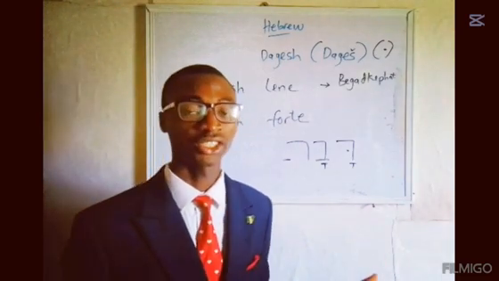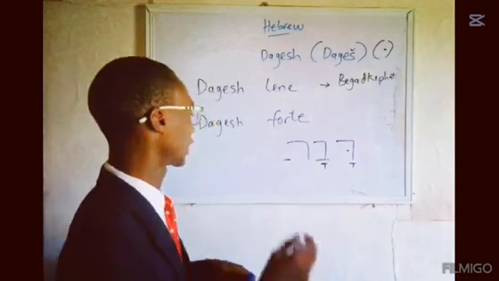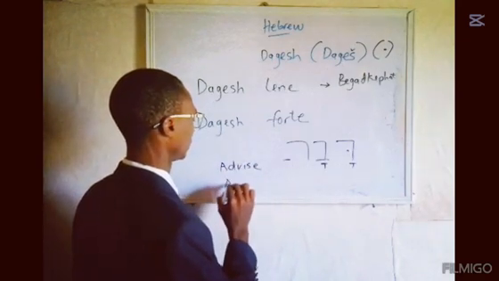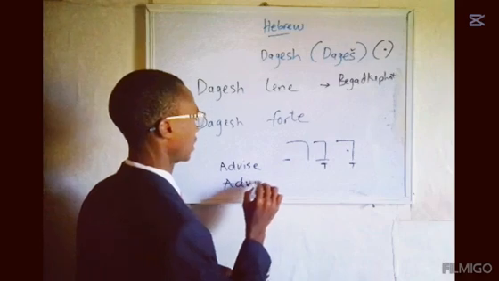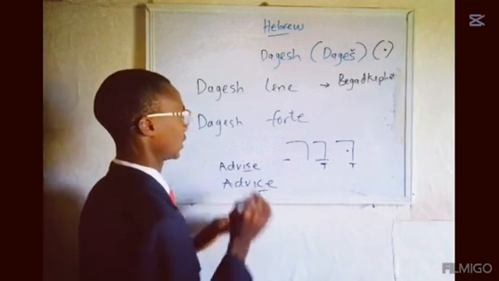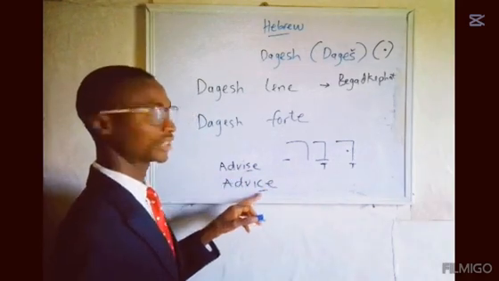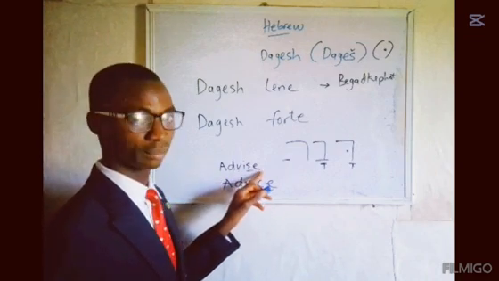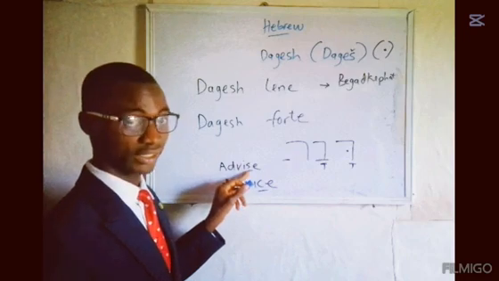That's unlike English, when we have a word like advise and advice. We have an s and we have a c. This is advise as a verb because it carries the s.